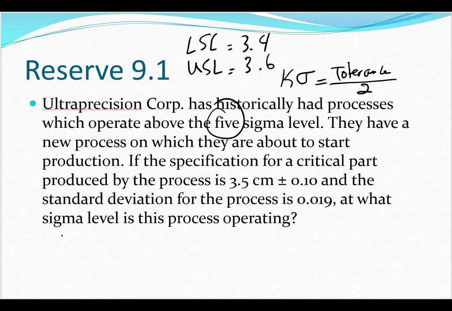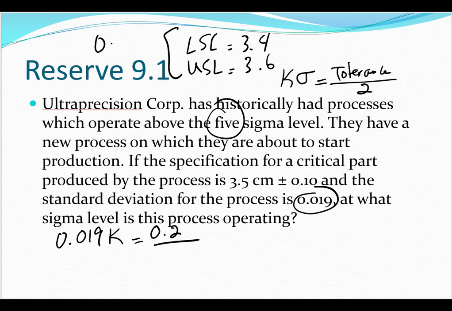So in this case, we have 0.019, which is the standard deviation of the process, times K, equal to the tolerance of the process. In this case, we have 0.2. This is the difference between these, 0.2 divided by 2.